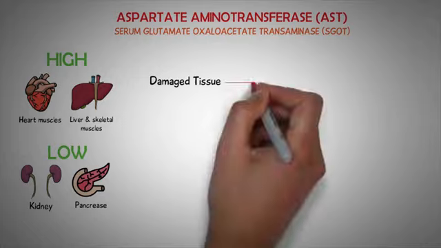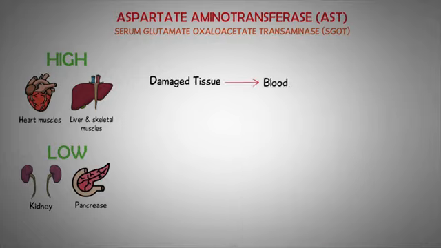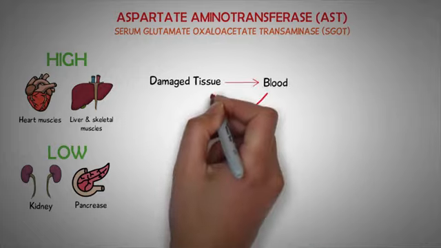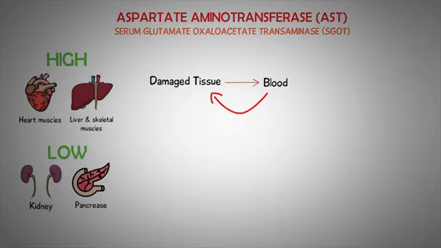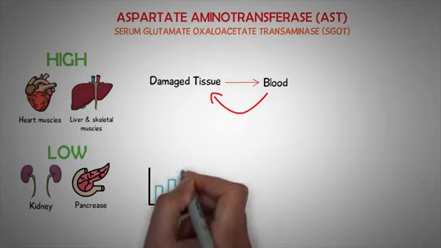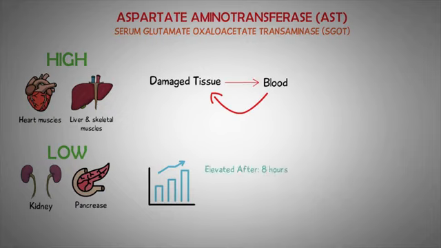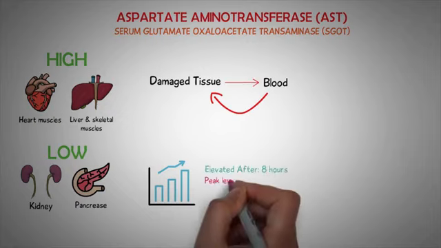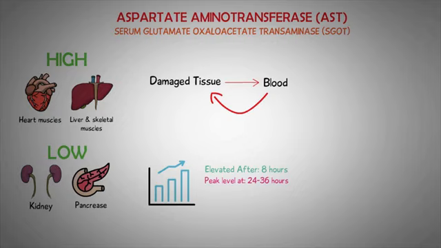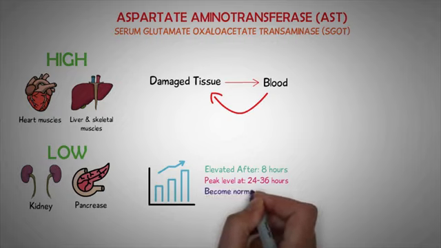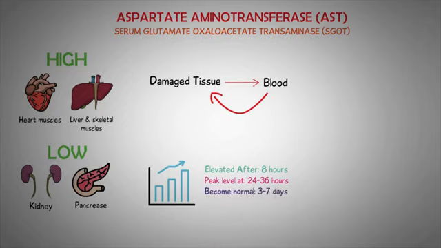Damaged tissue releases AST in blood, therefore, AST level in blood is directly related to the extent of cellular damage or injury. AST level in plasma is elevated for 8 hours after cellular injury, peaks at 24 to 36 hours, and returns to normal in 3 to 7 days.